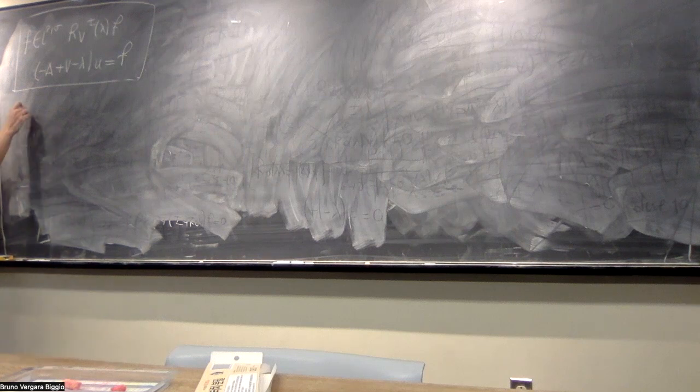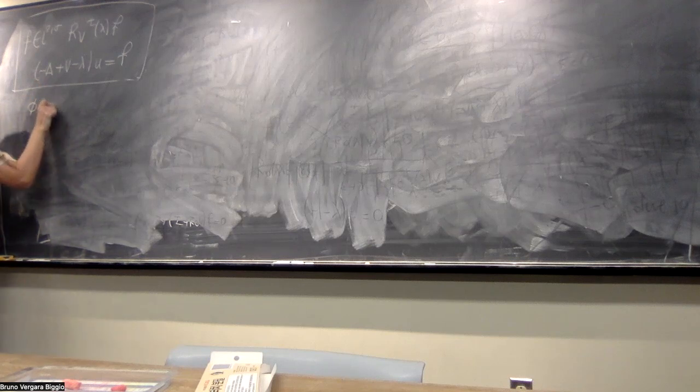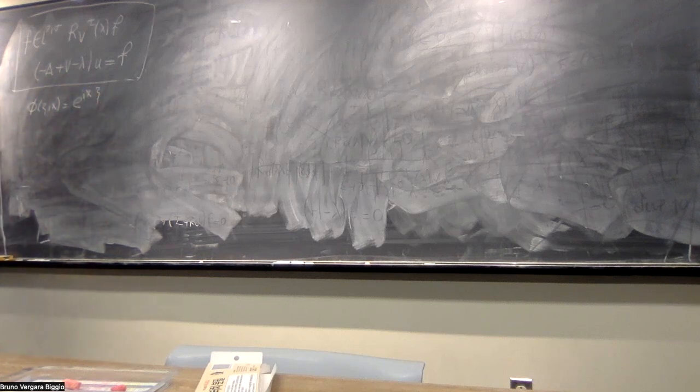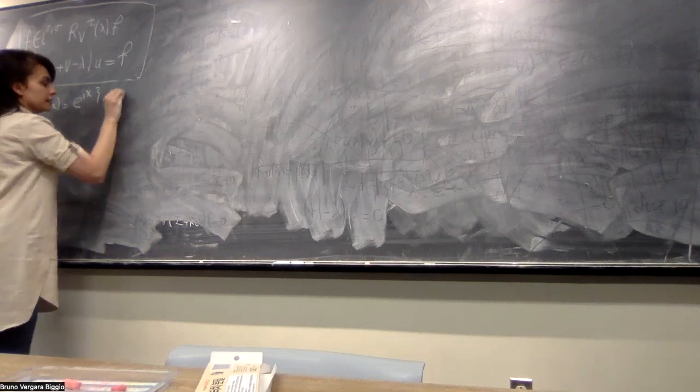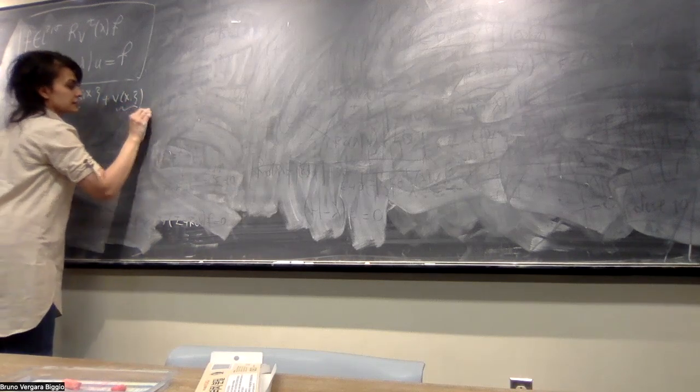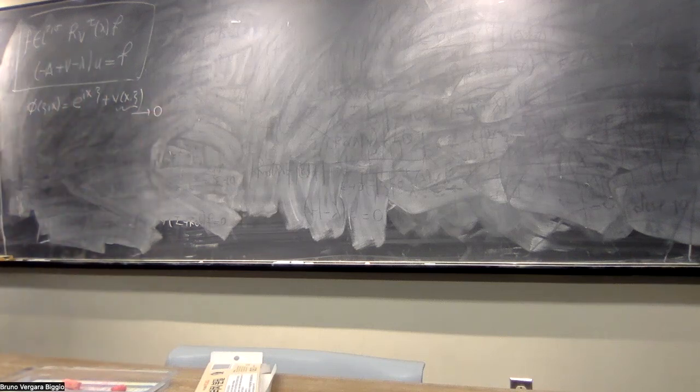They look for a function psi of x and xi, which is going to look like e to the i x xi, my plane wave, plus v of x and xi, where I would expect v to go to 0 in some sense, so that it disappears at infinity and I end up only with the plane wave.